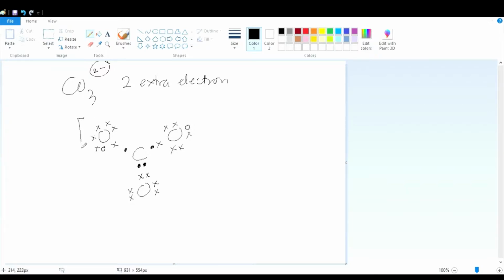So we have to draw a big square bracket here, and we have to show that we add 2 electrons inside. So basically, this is the Lewis structure for the carbonate ion. Well done.